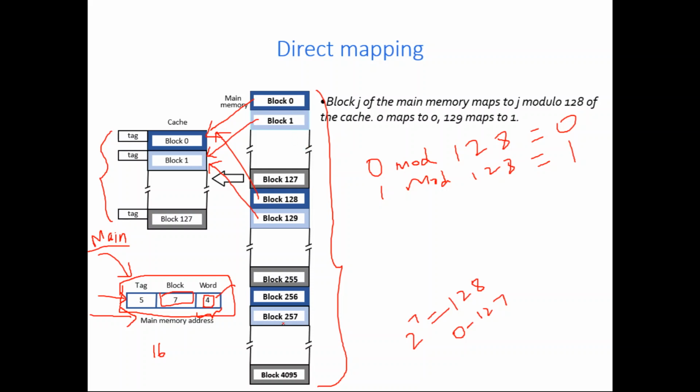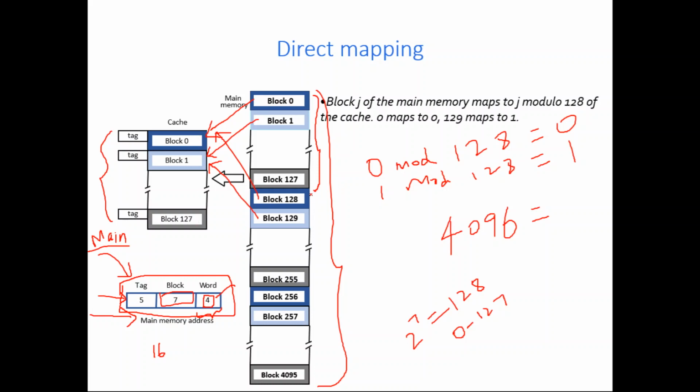Another thing to understand: the main memory here contains totally 4096 blocks. The first 128 blocks, blocks 0 to 127, will map to blocks 0 to 127 of cache.